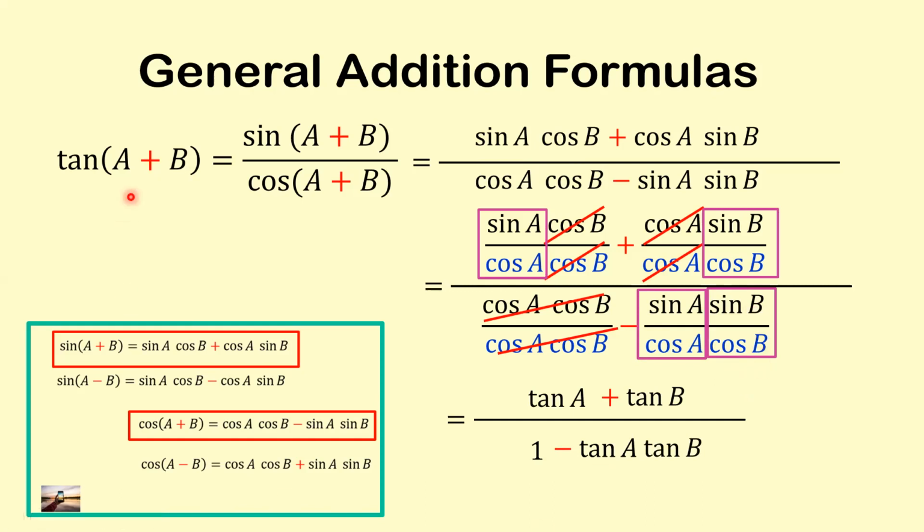So, that's the formula. We just derived the tangent expansion: tan plus tan over 1 minus tan tan. This is one of the most beautiful formulas in mathematics kasi the 4 basic operations in mathematics are here. We have addition, subtraction, multiplication, and of course, the entire thing is division.